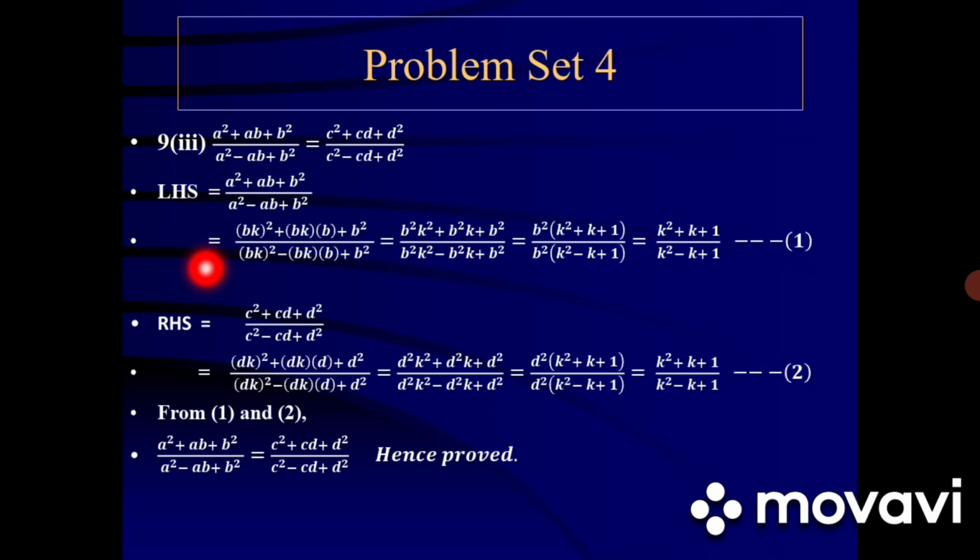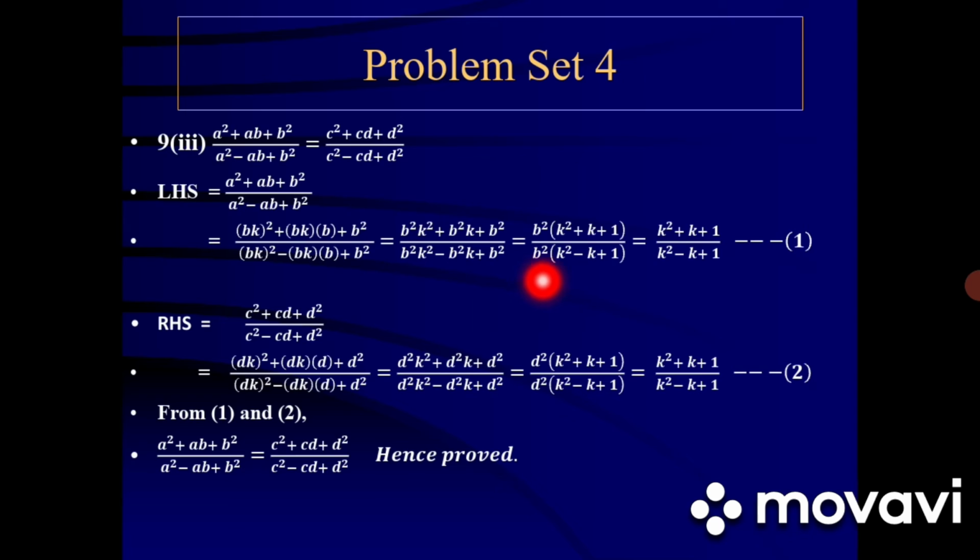Substituting the value of A, which is BK, we get BK the whole square plus BK into B plus B square upon BK the whole square minus BK into B plus B square. This is equal to B square K square plus B square K plus B square upon B square K square minus B square K plus B square. This is equal to B square into K square plus K plus 1 upon B square into K square minus K plus 1.